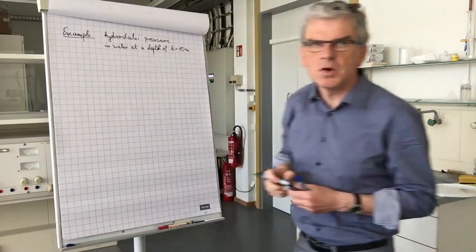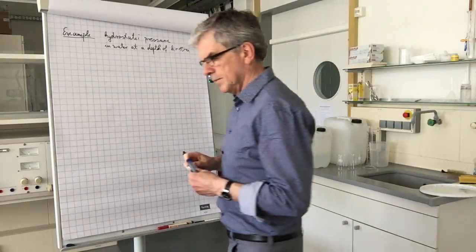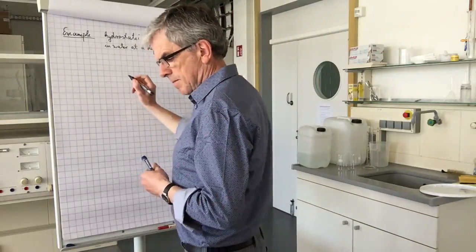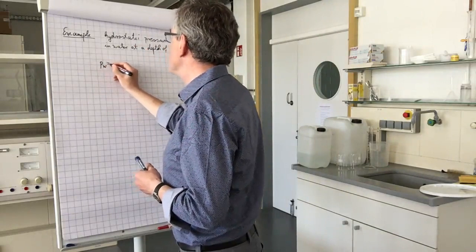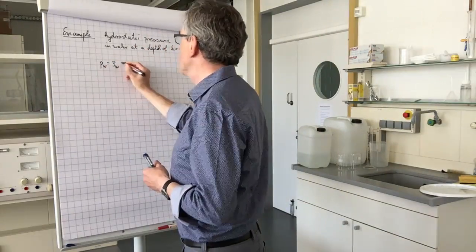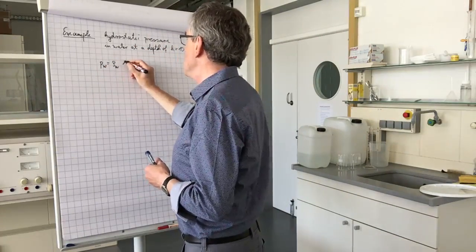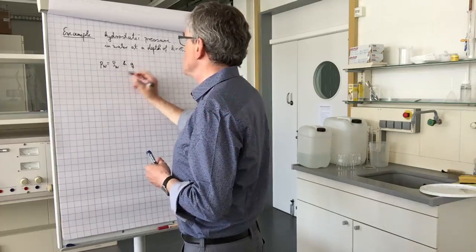So 10 meters below the surface. So the pressure of the water is rho of the water times H times G.